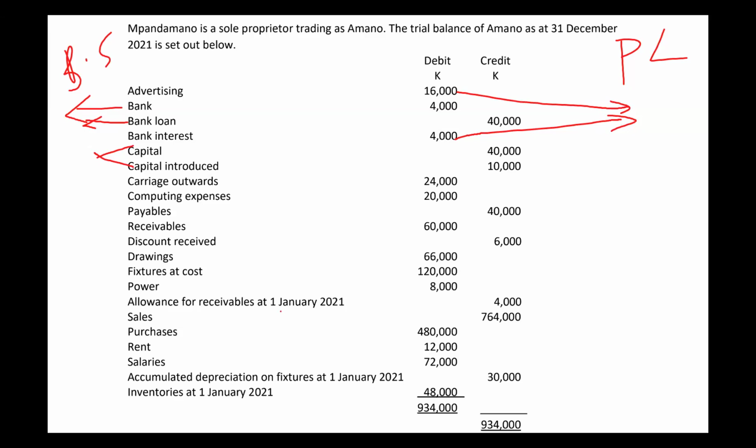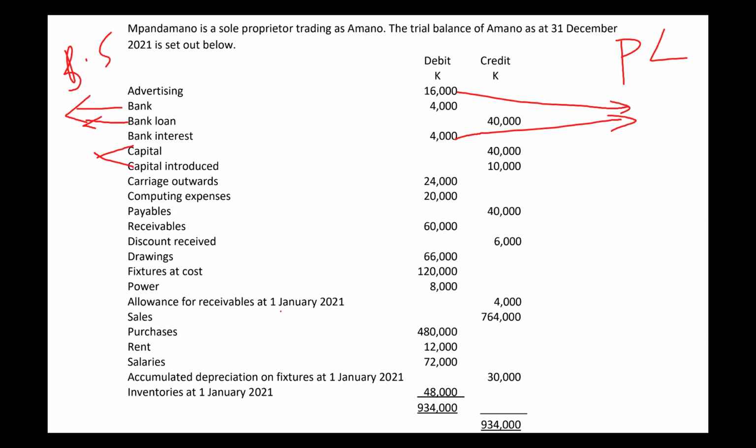Sorry, sir, are we on capital or are we on carriage outwards? Carriage outwards and computing expenses. These two, where do they go? I think they go to the profit and loss under expenses.